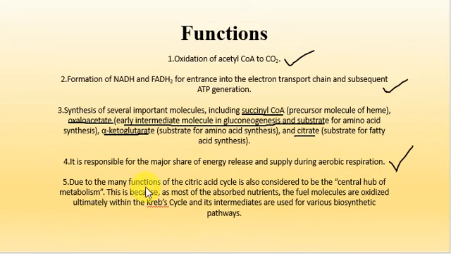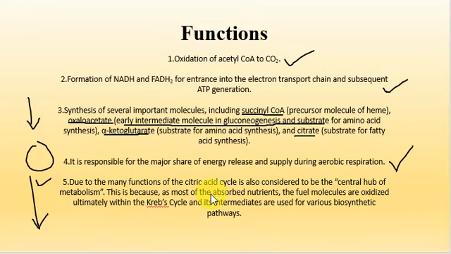Due to its many functions, the citric acid cycle is also considered the central hub of metabolism. We can see it as a central hub of metabolism, because without this pathway glycolysis will not move forward, and the functions ahead will also not take place.